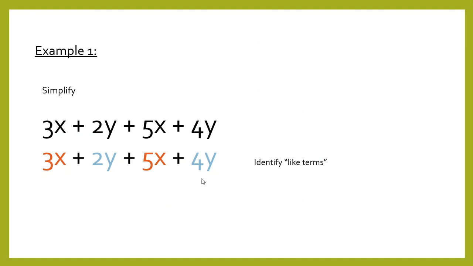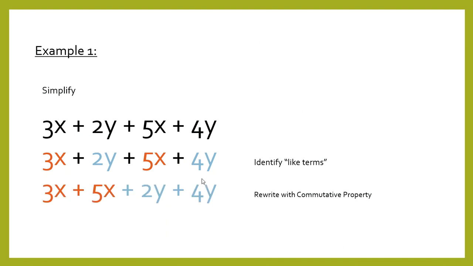Once I've identified the like terms, I am then going to move things around in my equation, because ultimately the order that we do addition in doesn't really matter. So let's push these like terms together. Let's rewrite this as 3x plus 5x plus 2y plus 4y. Given that information right there, what do you think the final simplification is going to be?